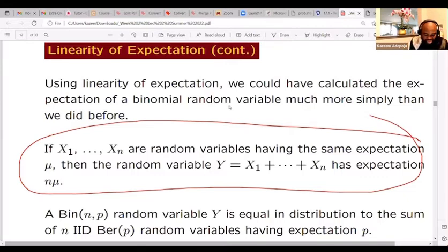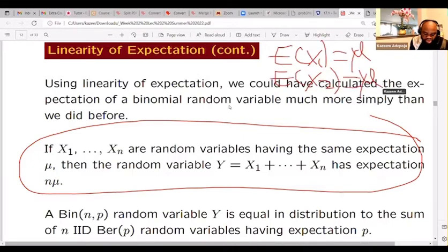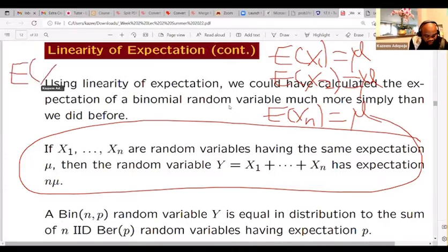What am I trying to say? Expected value of x1 equal to mu, expected value of x2 also equal to mu, until I get to expected value of xn equal to mu. Then if I add them up, the expected value of x1 plus x2 is expected value of x1 plus expected value of x2.